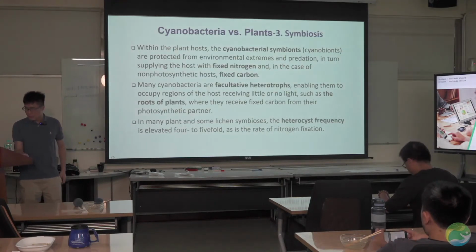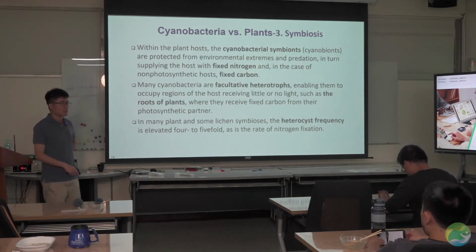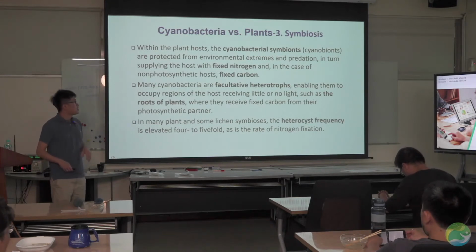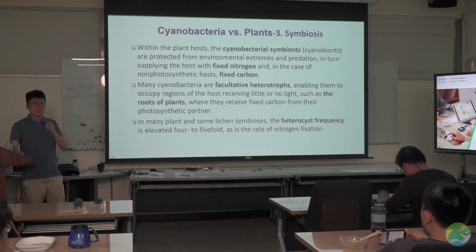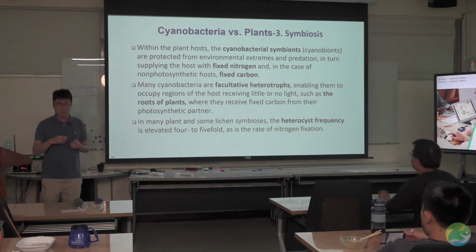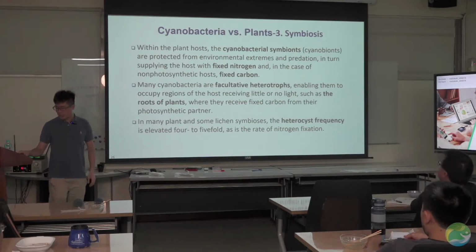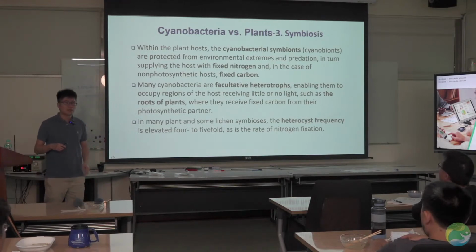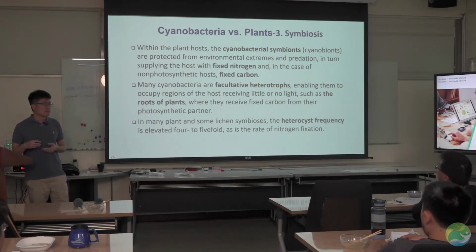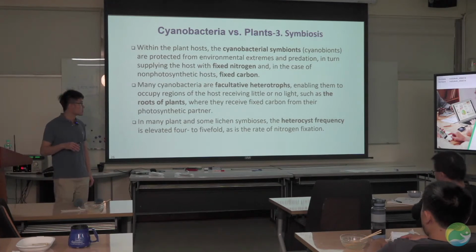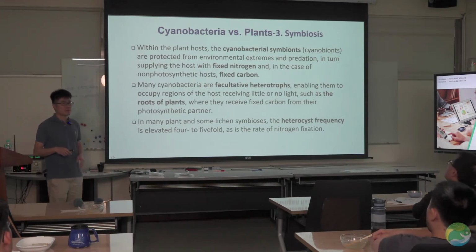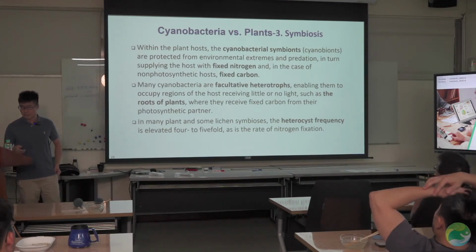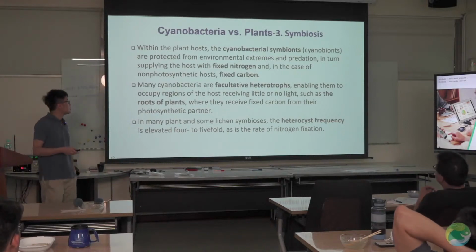So what's the other relationship between cyanobacteria and plants? I said the cyanobacteria has a specialized cell called the heterocyst that can do nitrogen fixation. And we know that when we grow plants, we want to provide them fertilizer. The fertilizer has fixed nitrogen, like the ammonium or the nitrates.